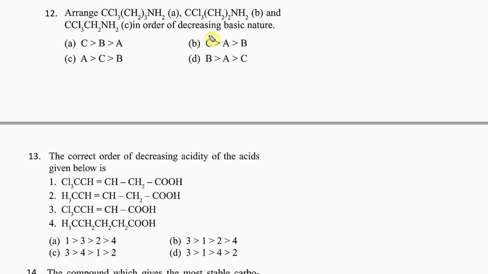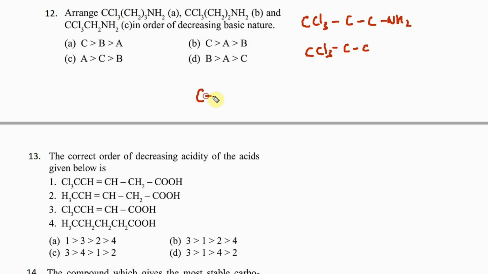Arrange these in the order of decreasing basic nature. So the first thing you want to look at is whether the stem is the same. Here, what is A? A is CCl3, then CCNH2. Here there are 3 carbons.